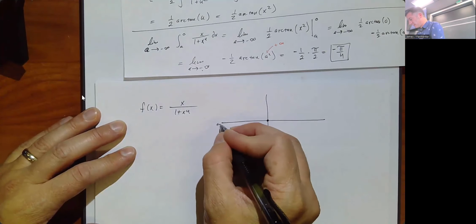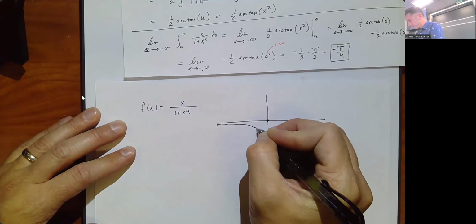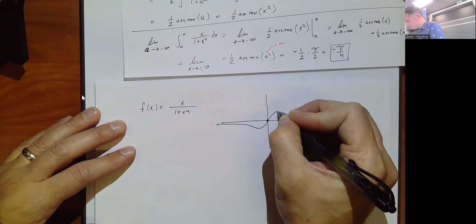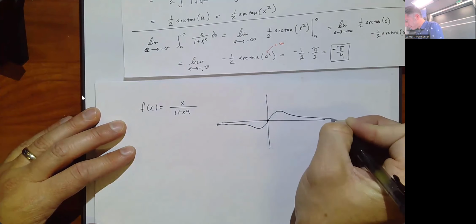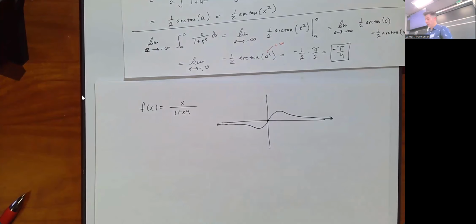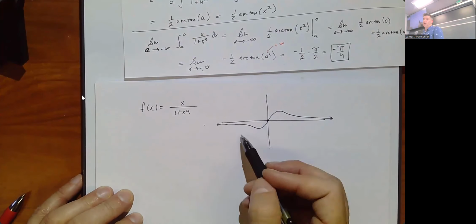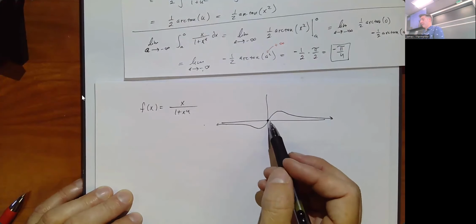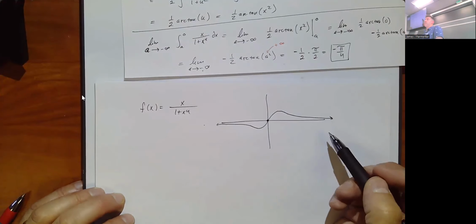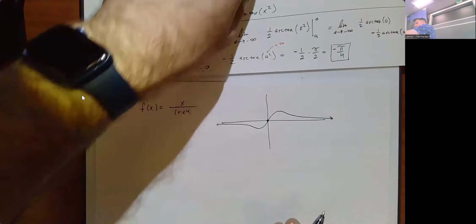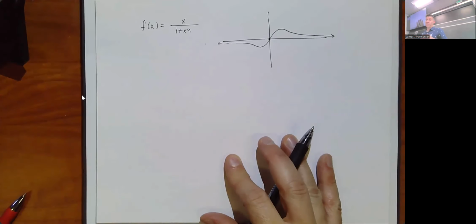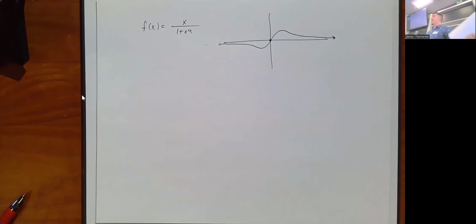So the area from negative infinity to 0 is counted as negative because it's all under the x-axis. If I had done the integral from 0 to infinity, it would have been positive pi over 4. And the integral from negative infinity to infinity would be 0, because the left-hand part and the right-hand part cancel each other out.